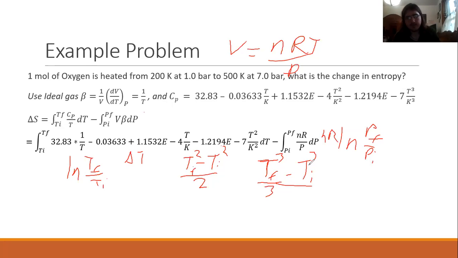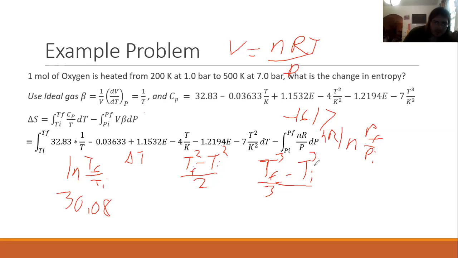So let's do the easy part first, the pressure. Negative 8.314 natural log of 7 over 1. So the entropy goes down, which you would expect, by 16.17 from the pressure change. Each term of the temperature is going to make this go up. So 32.83 times natural log of 500 over 200 gives 30.08.